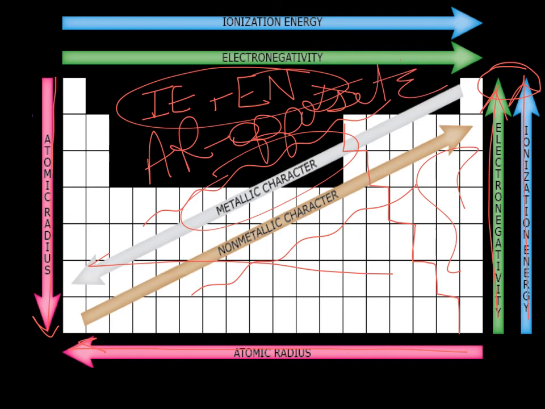If I asked you for the largest element, you should be able to say it's francium. If I asked you for the element with the highest electronegativity, it would be fluorine. Now, you may have noticed that I have conveniently left off the noble gases in talking about electronegativity.